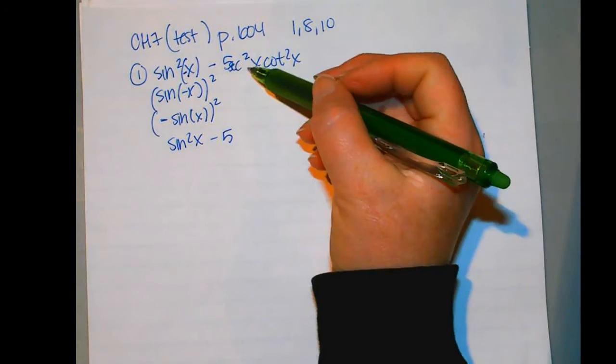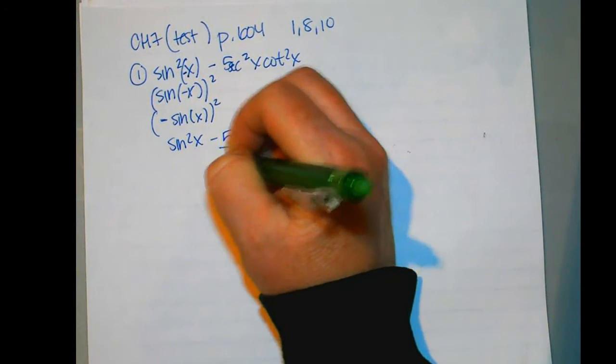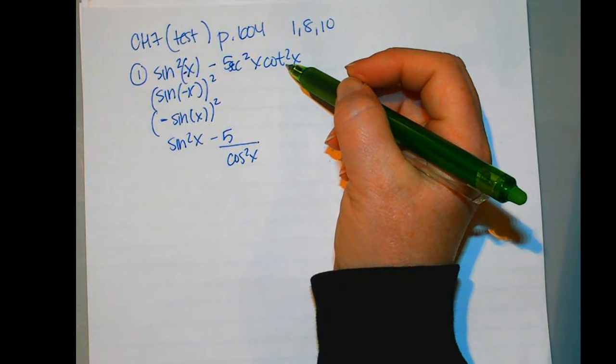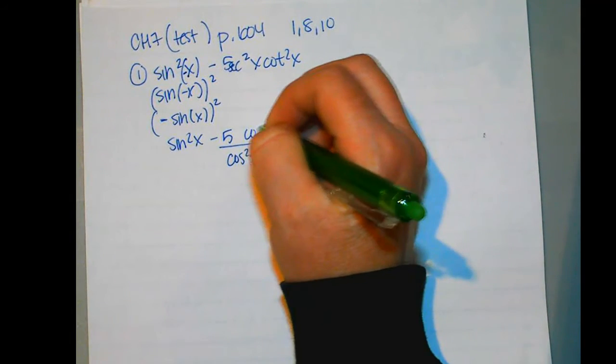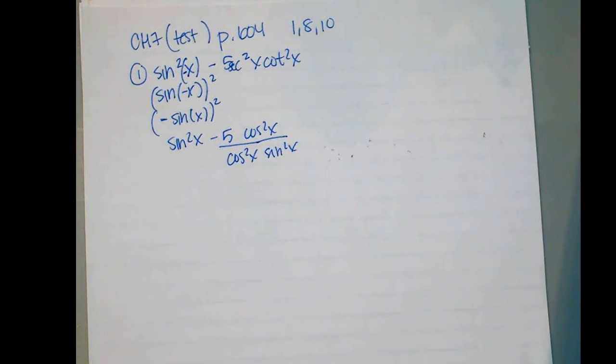How about secant? How should I rewrite that? Okay, so I've got cosine squared on the bottom. How about cotangent? Cosine squared and then sine squared. So first, simplify whatever you can.